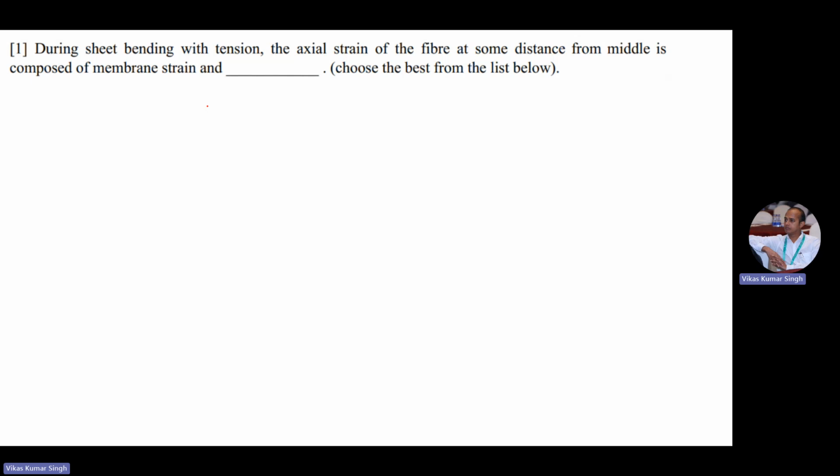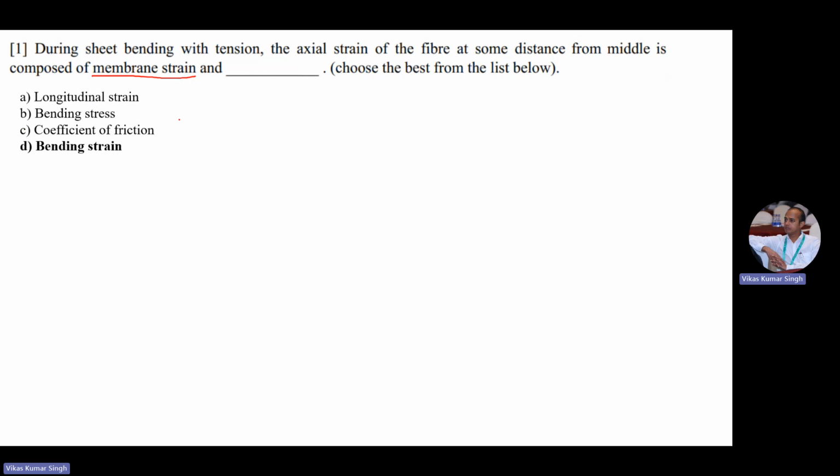One is membrane strain and another is what? We have to give one out of these four. Obviously the axial strain is the sum of membrane strain and bending strain, if you have studied the theoretical part.